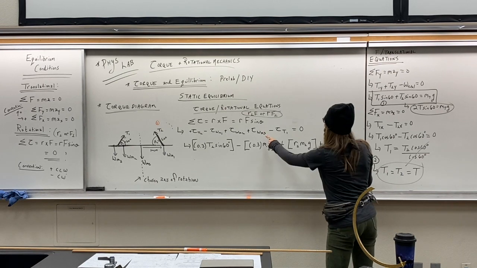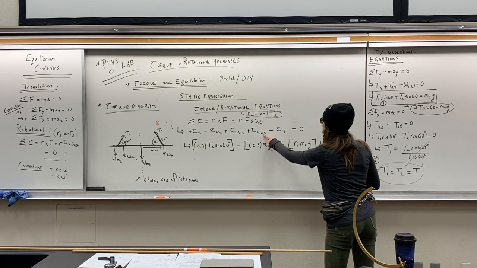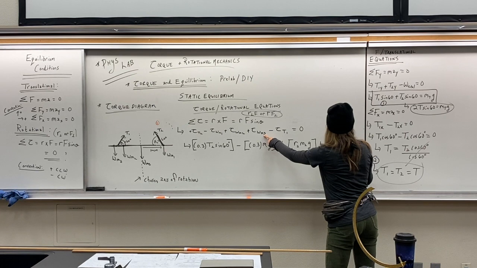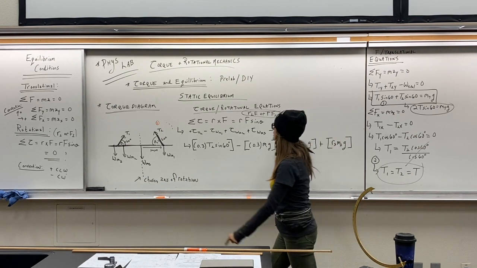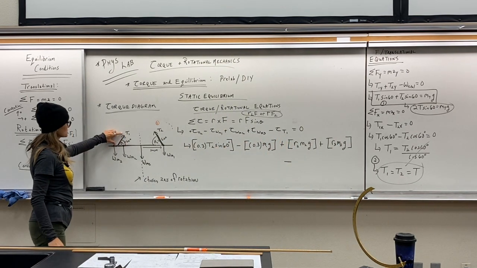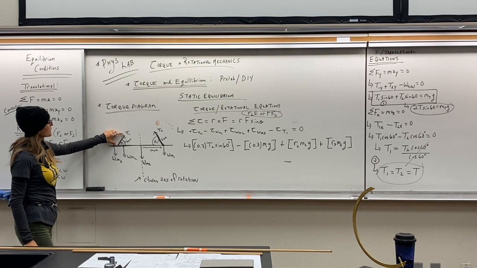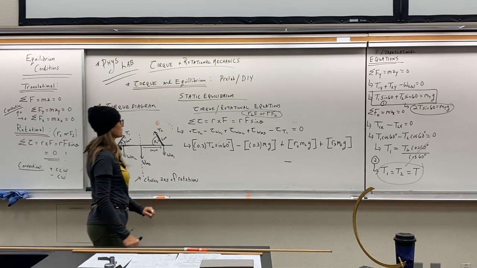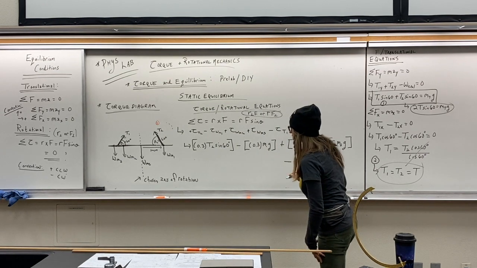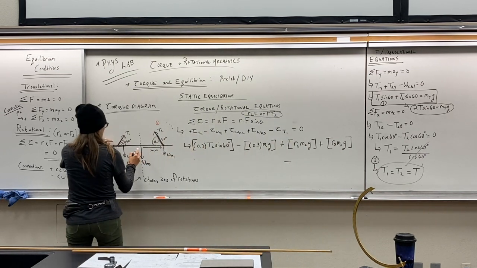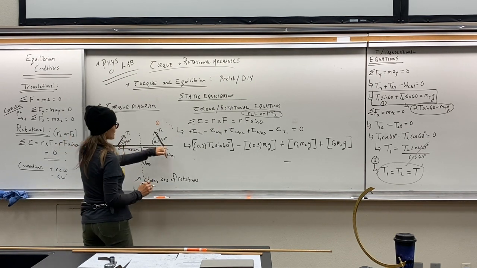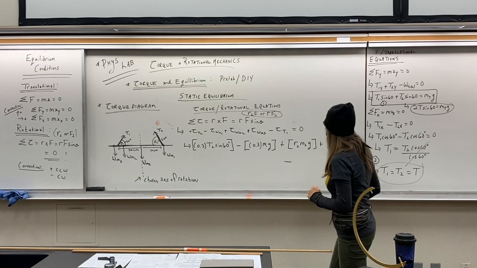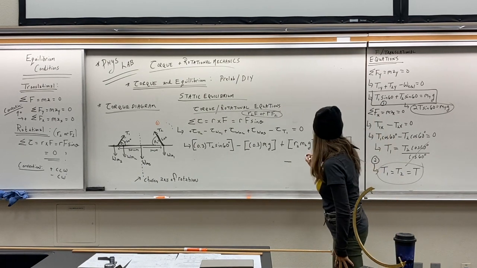Same thing for mass 3 is going to be R3, whatever the experimental distance I have is, times the mass of 3 times little g, and finally minus the torque produced by this tension force right here. Okay, so here I'm going to put in 0.3 because that's going to be the distance that this is applied. It might not look equidistant in my diagram, but that's what the lab has you set it up as.